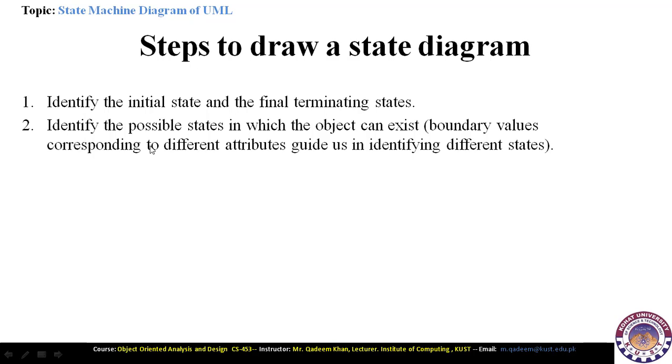So in these steps we identify all other states of the state machine diagram, and then at the end we label the events which trigger these transitions. At the end we label all the arrow lines for when a particular transition occurs.